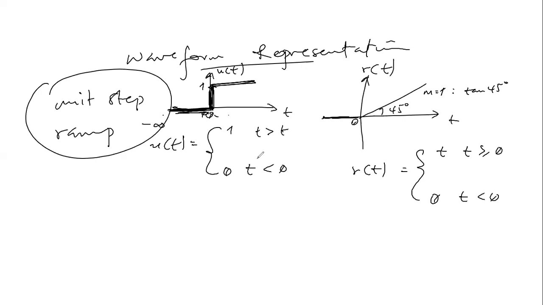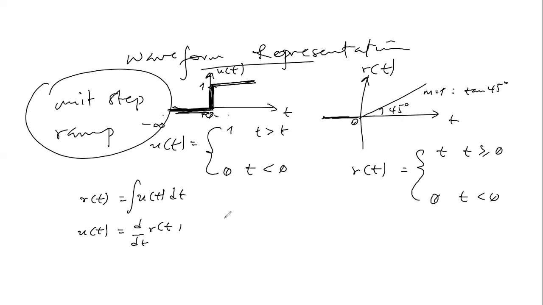Those are your regular mathematics. Now, for us to derive our ramp function, all we need to do is integrate our unit step function. And to get our unit step function, it follows directly that you differentiate the ramp function.